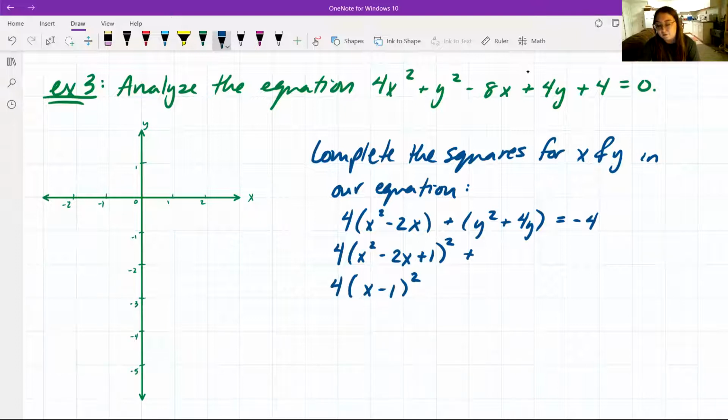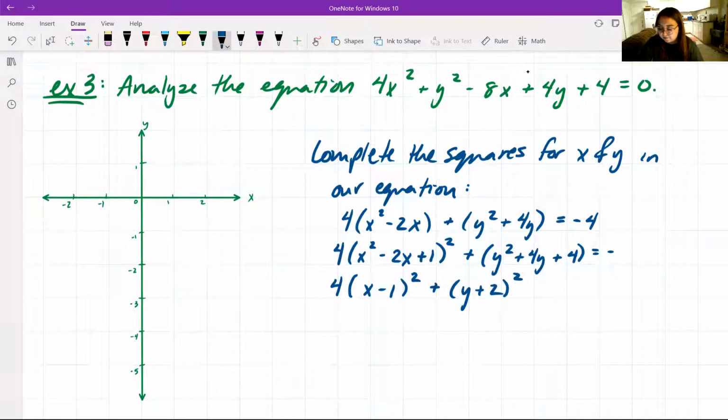Then to complete the square for y squared plus 4y, we have y squared plus 4y, and the term that would end up making this would be plus 4, which means that we have y plus 2 squared. So really quick, we're going to identify what terms we added here. We added a plus 1, and we also added a plus 4.